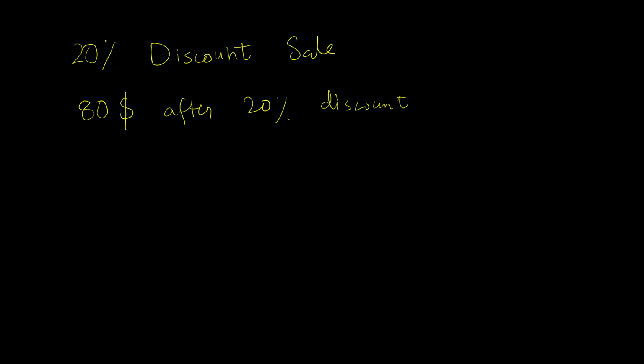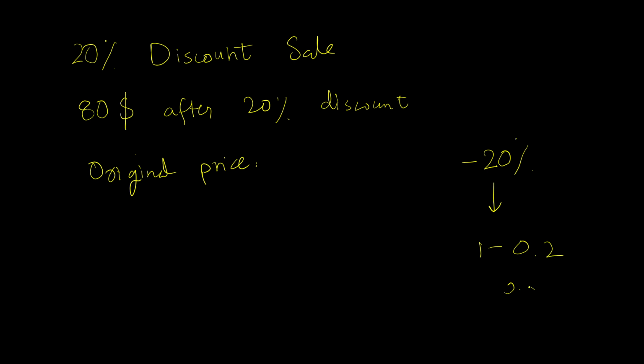So you need the original value, the initial price. Again, simply convert the 20%. A discount means a reduction, so the percentage is negative 20%. And when you convert it into decimal, it would be 1 minus 0.2, which is 0.8.